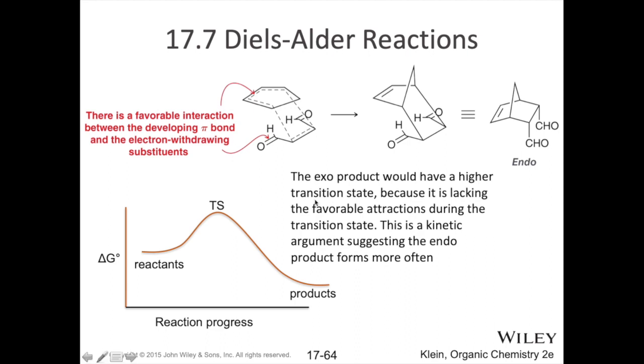Here is just a little sketch of what the diagram looks like. For your endo product, this transition state is going to be at a lower energy, even if this product is at a higher potential energy. If we were to draw this for your exo product, the transition state would be higher up, though the product would be at a lower potential energy.